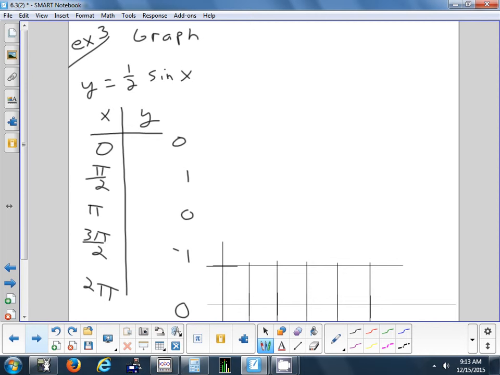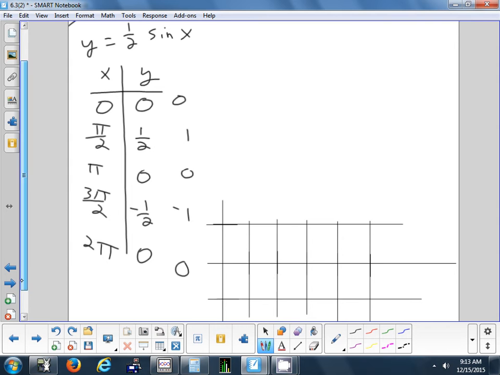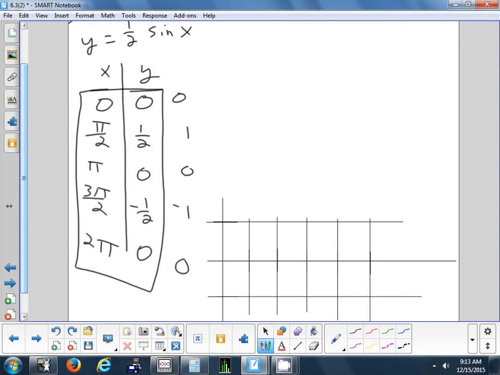Brendan, I'm going to take all these values and do what? Multiply by 1/2. Good. So you get 0, 1/2, 0, negative 1/2, back to 0. Questions on the table?